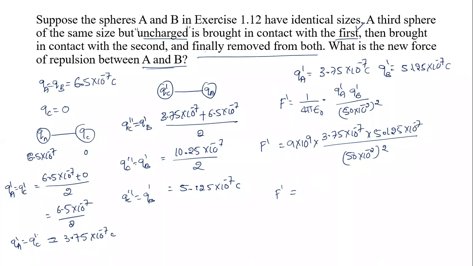Yes, I'm waiting for your answer in the chat box. Any doubts? A student asks whether QA prime equals QC prime is 3.25. It is 3.75, no? Because 6.5 by 2. How much do you get for 6.5 by 2?